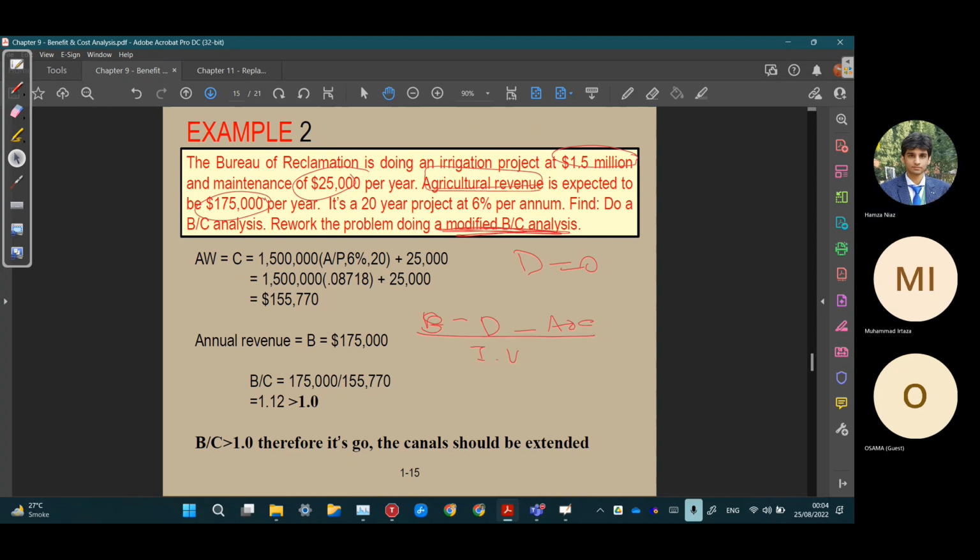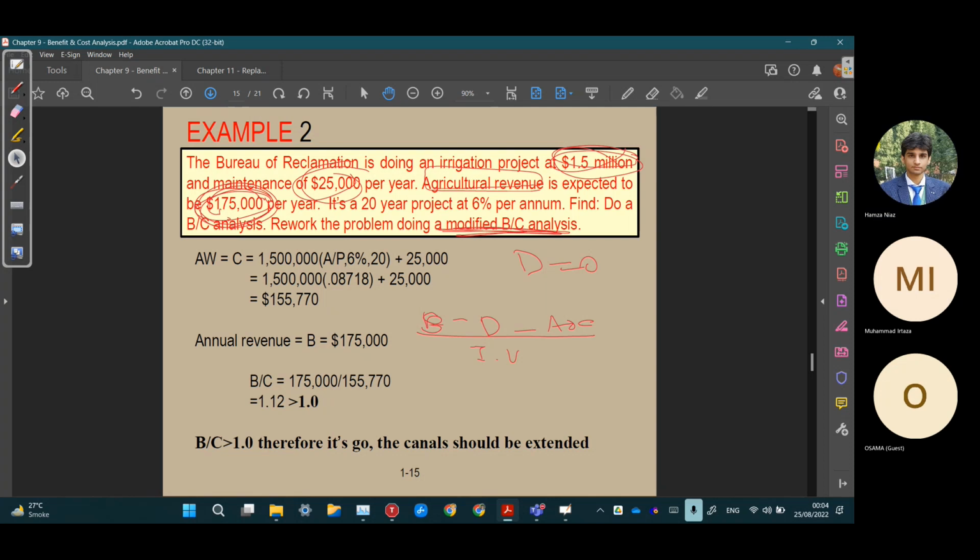So what is the benefit? The benefits are 175,000. What is the annual operating cost? The annual operating cost is 25,000, and the initial investment is 1.5 million.